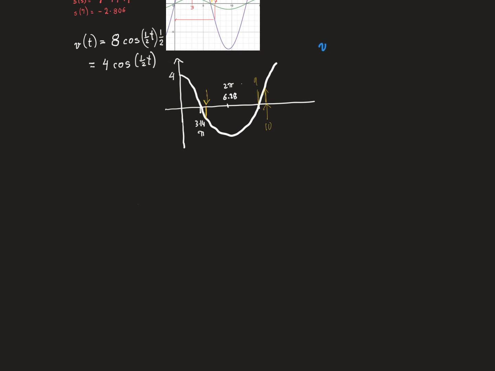And we can check that by substituting 4 here. The equation is 4 cos of 4 over 2, and using the graphics calculator, we get a value of minus 1.66, which means that the dog is moving to the left.